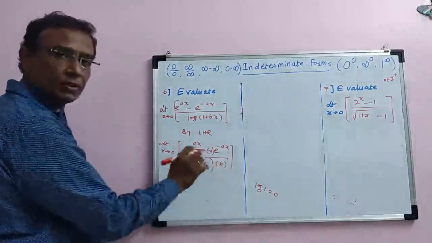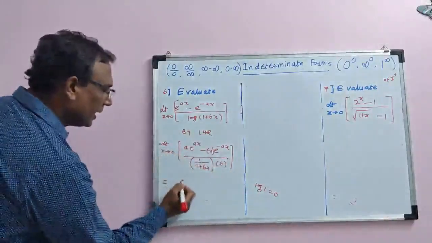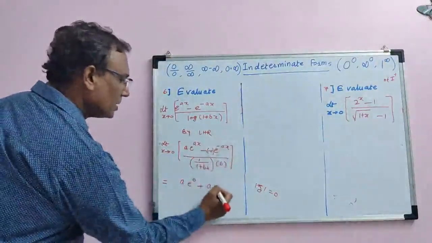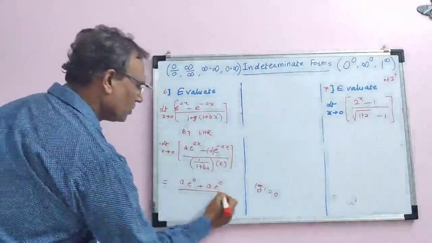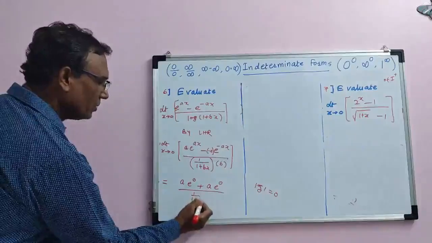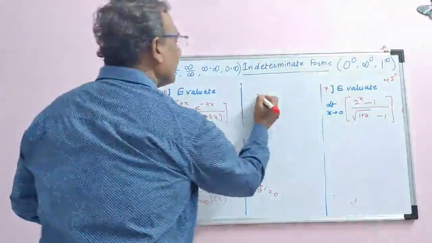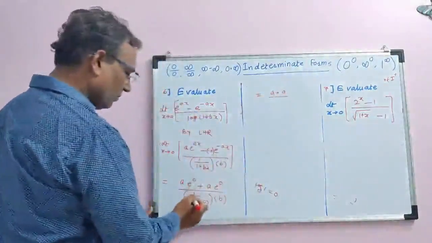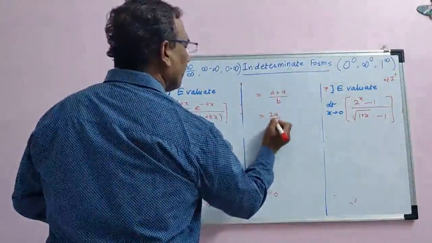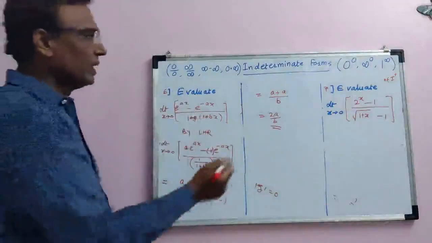Means in the denominator we are not getting 0 now, so put value of x directly. a e to the power 0 plus a e to the power minus 0, e to the power 0 is 1. 1 by (1 plus b into 0) multiplied by b, then a plus a is 2a because e raised to 0 is 1, and 1 by 1 into b like this. And 2a by b is the value of limit of this function.